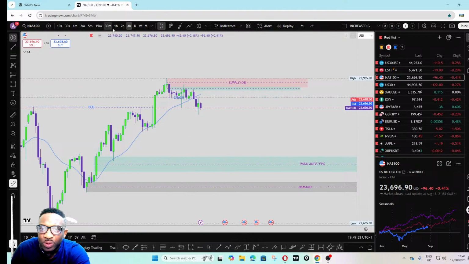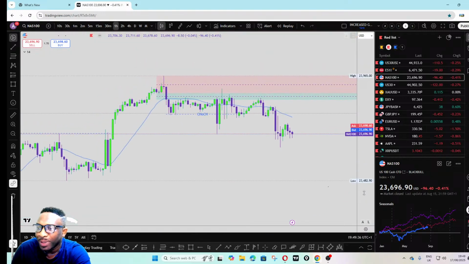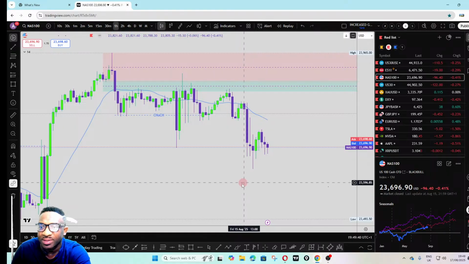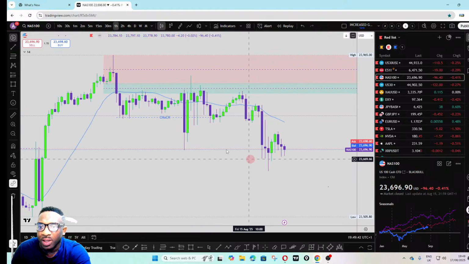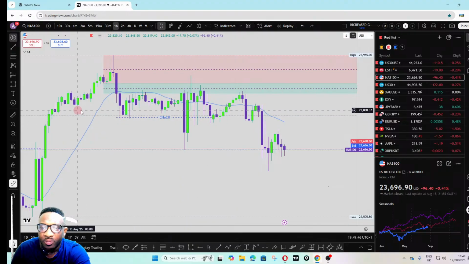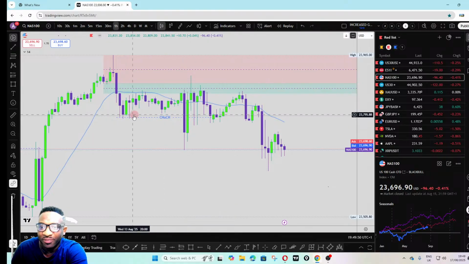Let's go down to the 1 hour time frame to zoom in to give us a clearer view of things. Before all this change of character, the 1 hour gives us a better view.